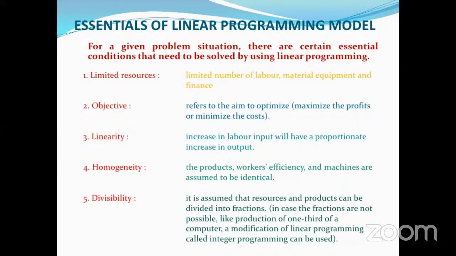In case fractions are not possible, like production of 1/3 of a computer is not possible, a modification of linear programming called integer programming can be used. Integer programming is applied where divisibility is not possible. Is that clear?